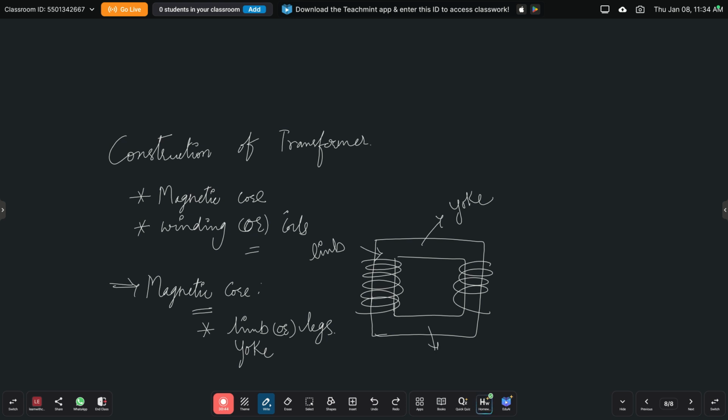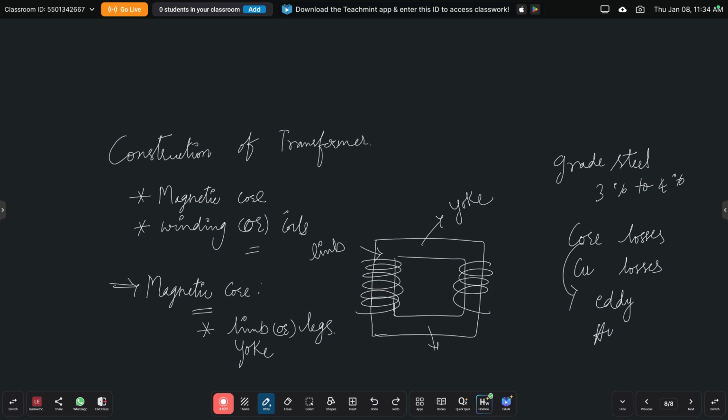The transformer grade steel consisting of 3% to 4% silicon is used to reduce the core losses. Basically we have core losses and copper losses. Again, core losses are classified into two types, that is eddy current losses and hysteresis losses.